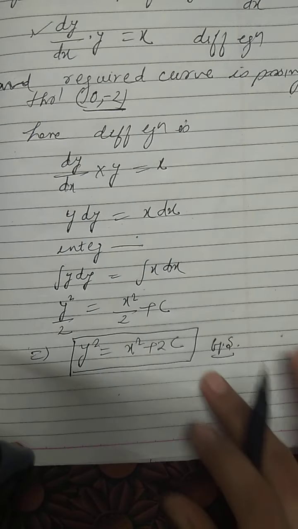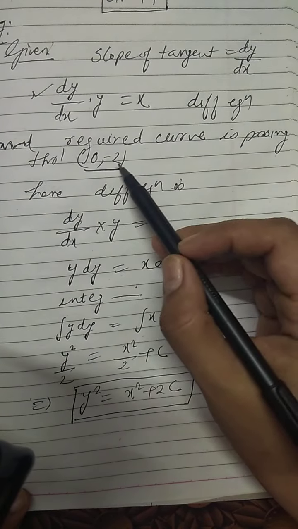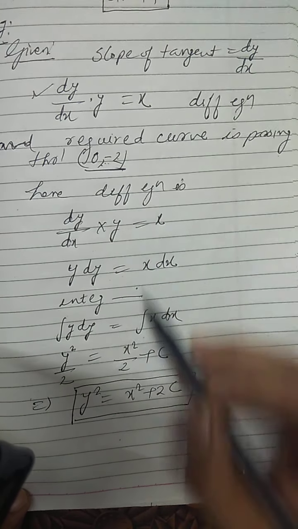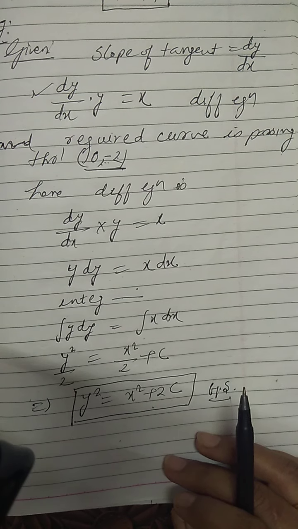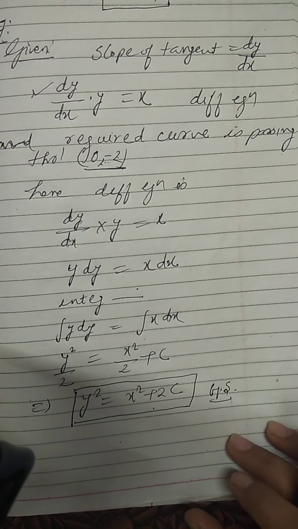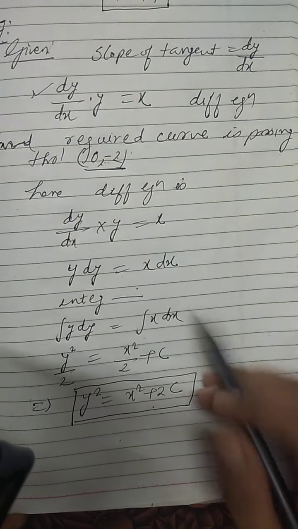Now if I satisfy this point in the general solution, we will get our particular solution, and the particular solution is actually the required curve.